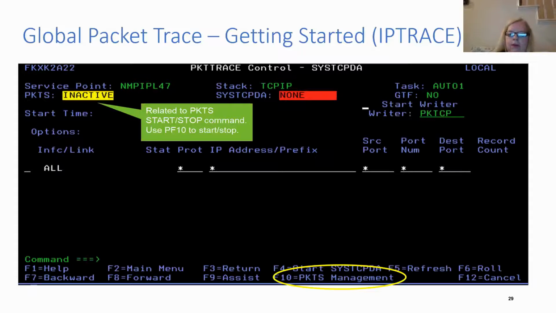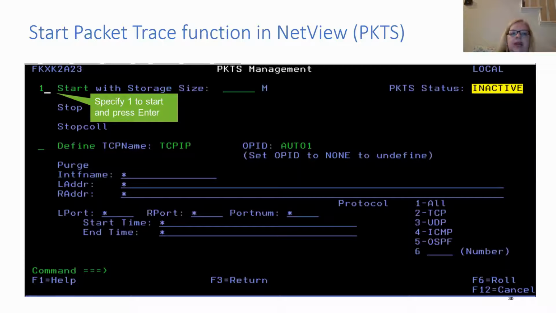In order to get started, you need to use this PF10 that I have circled down at the bottom to start and stop the packet trace from a NetView standpoint. When you do the PF10, if you want to start the packet trace, you put a 1 there and press enter.